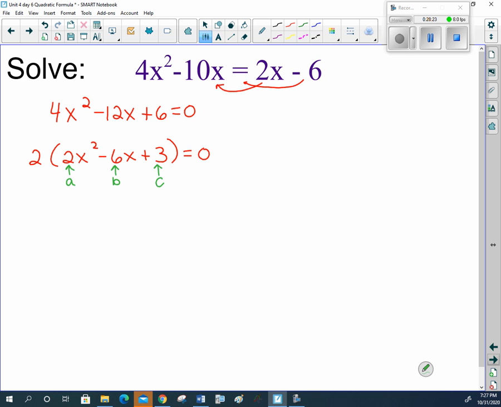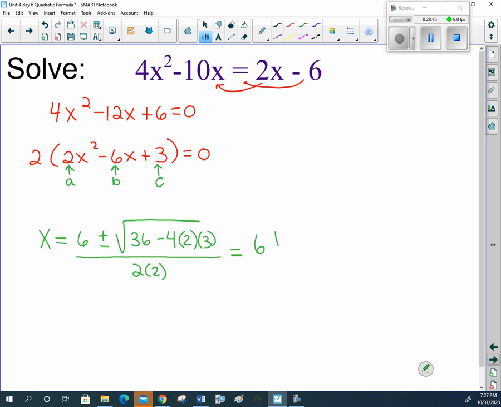and 6. Okay, so the quadratic formula says take the opposite of b, plus or minus the square root of b squared, so a negative 6 squared is 36, so I'm going to write that down, minus 4 times a times c, and that's all divided by 2 times a. Okay, so let's reduce that.